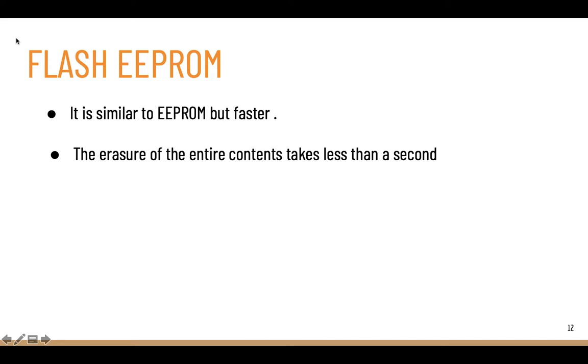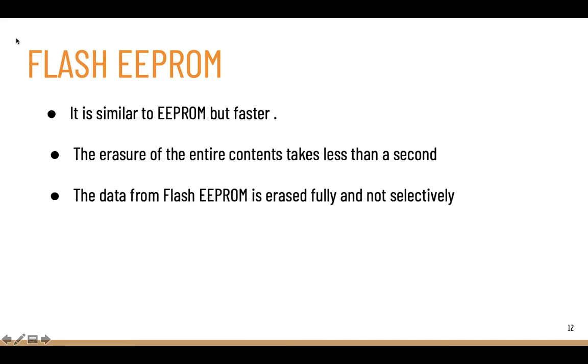In less than a second, you can erase the entire contents from flash EEPROM. The data from flash EEPROM is erased fully and not selectively. You will not erase the data selectively. You will erase it fully. This is how flash EEPROM looks like.